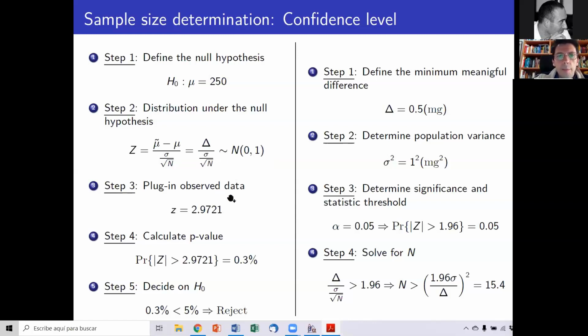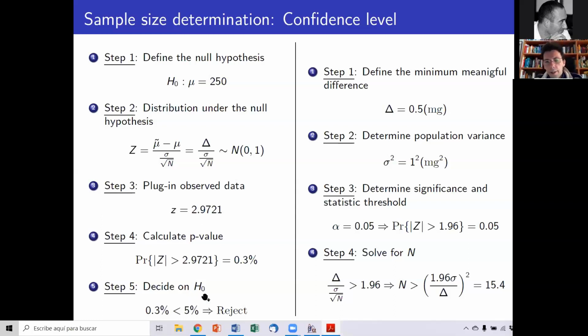Then I do the experiment and I plug in my data. And for my data, I get 2.97. Then you will calculate the p-value with the area of the two tails. And you will decide to reject the null hypothesis because it is below some threshold.